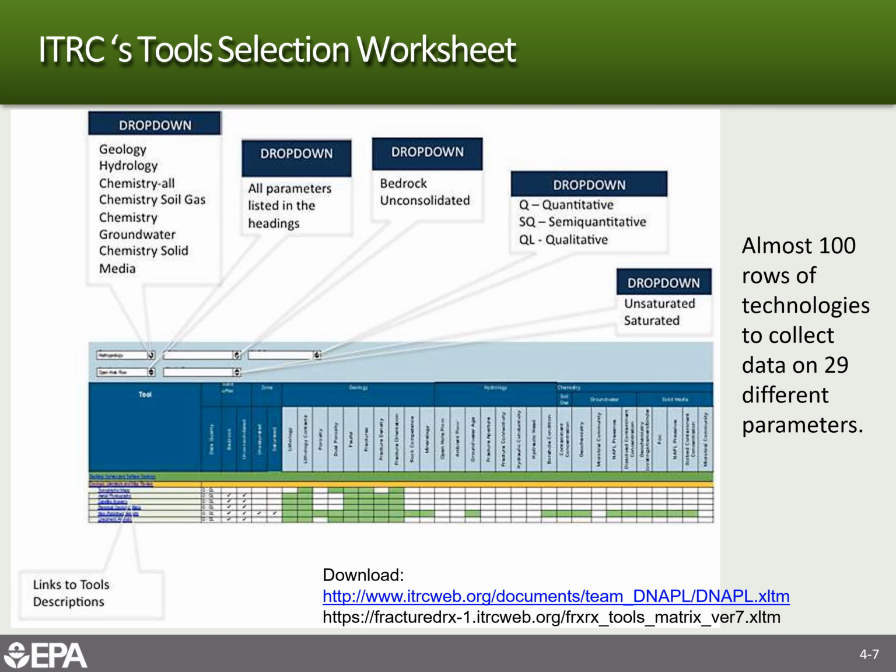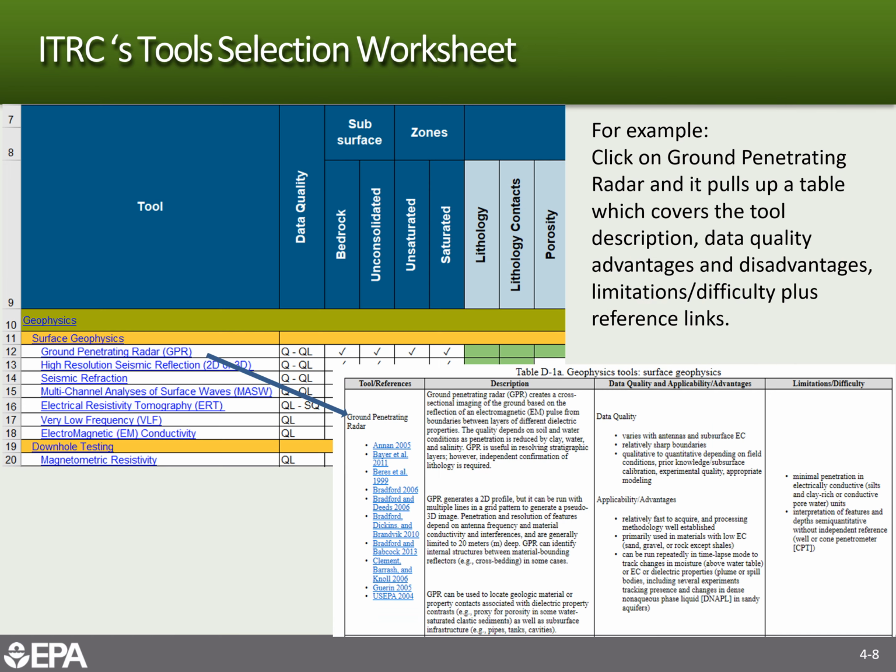One of the things we're going to talk about, maybe in a different case study or maybe later in this presentation, is their fractured rock tools. Just as an example, this is the first item from their website spreadsheet, on ground penetrating radar.